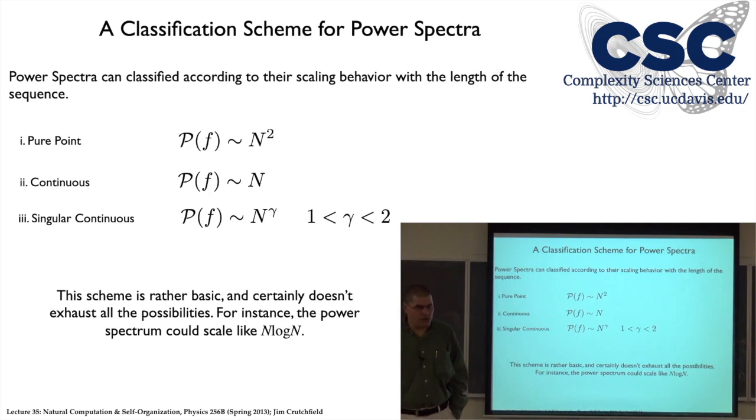For some processes, there will be parts of the spectrum that are point-like, and what this means is that as I increase the length of the sequence, the number of terms in my sequence, the power spectrum at a particular frequency will sometimes grow as the square of the number of terms in the sequence. This gives rise to something we think of in terms of delta functions. They're really points, and they're very, very sharp in the diffraction spectrum if we look at them.